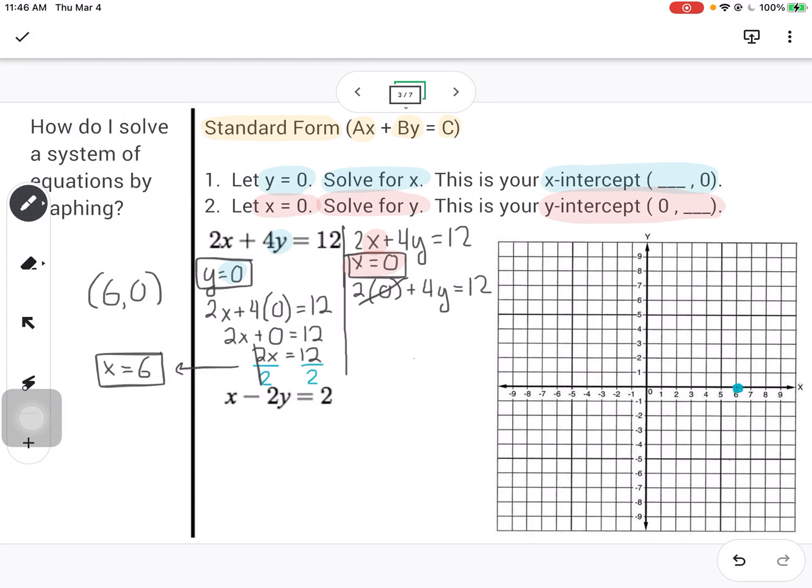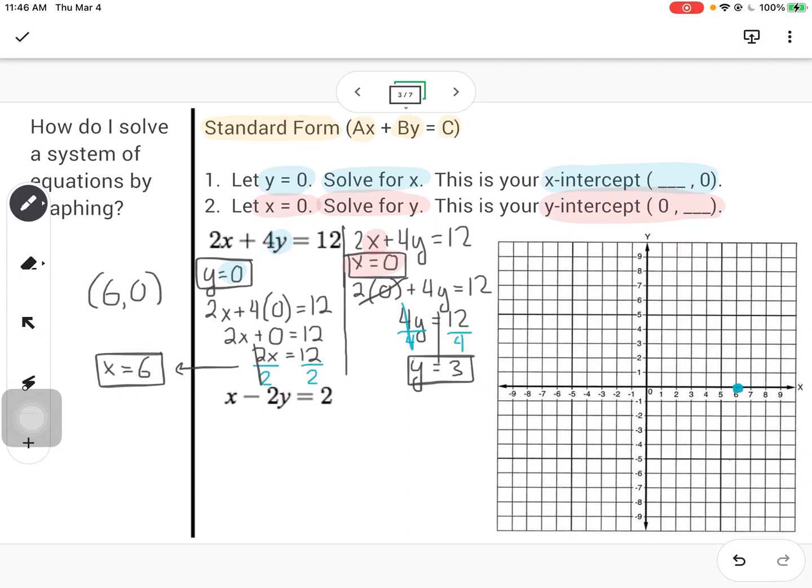So we're left with positive 4y equals 12. And again, to solve this, we can divide both sides by 4. We get y equals 3.